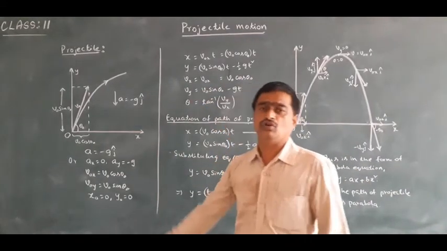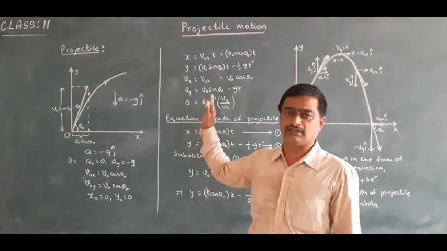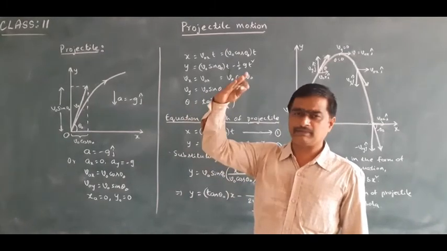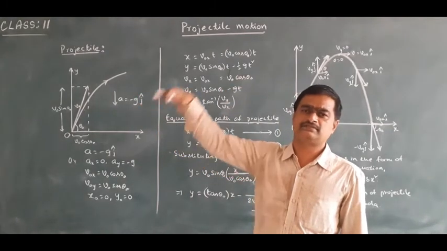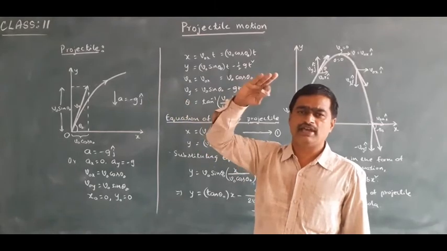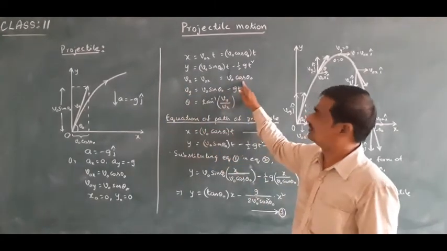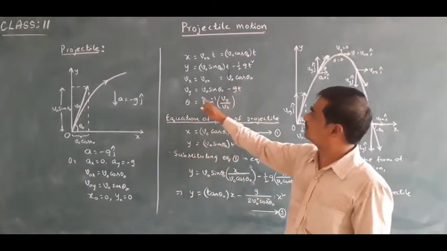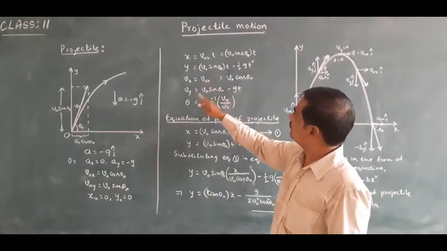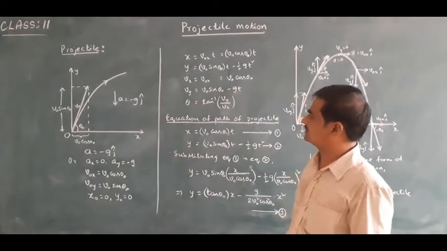There is no influence of anything on it. There are no frictional forces and no air resistance. That's why vx is v naught cos theta naught, and vy becomes v naught sin theta naught minus g t.